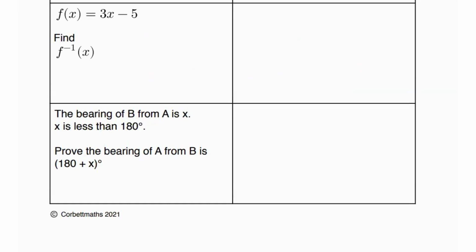Next question says the bearing of b from a is x. x is less than 180. Prove that the bearing of a from b is 180 plus x degrees. So let's make our compass for a and b.